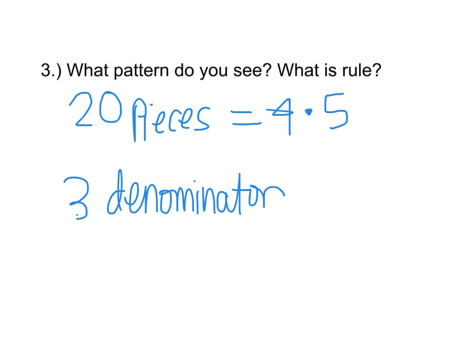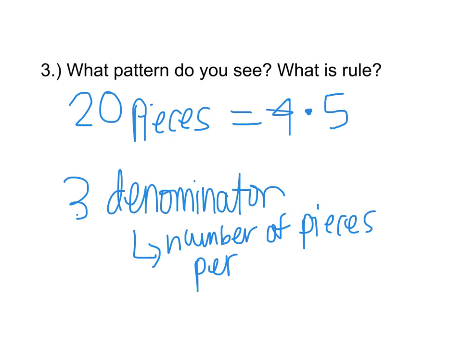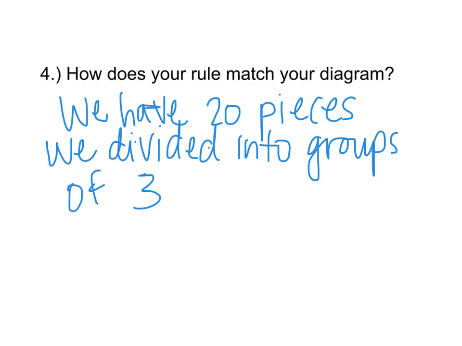And that came from the number of pieces per serving. So I think that's something that we could use to turn into a rule when we're doing similar types of problems. So we have 20 pieces that we divided into groups of 3. So that's the match between what we just noticed as well as the diagram.